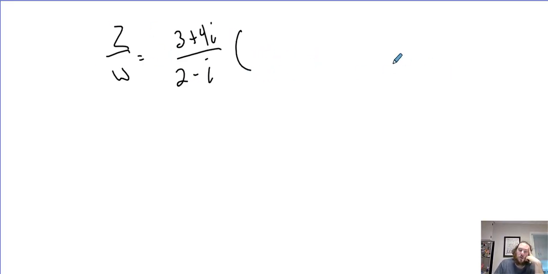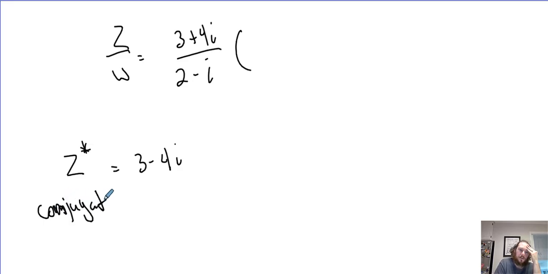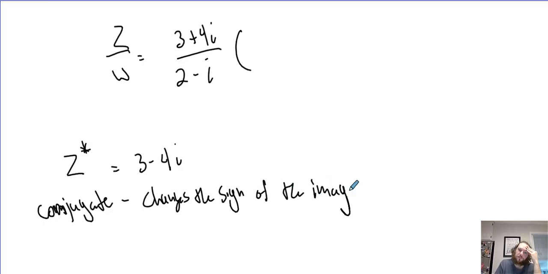And the conjugate for imaginary numbers is denoted with a little star. So the conjugate of z would be like this, 3 minus 4i. So the conjugate changes the sign of the imaginary component of our complex number.